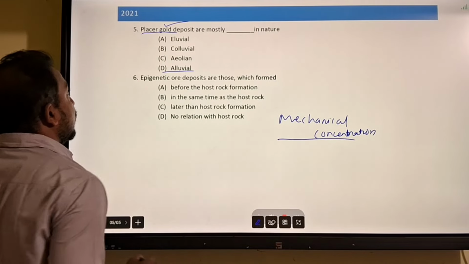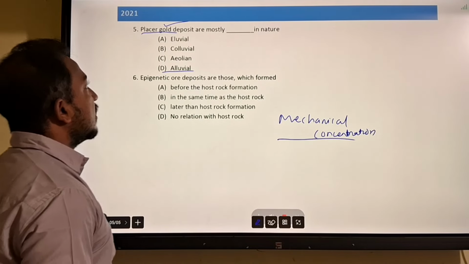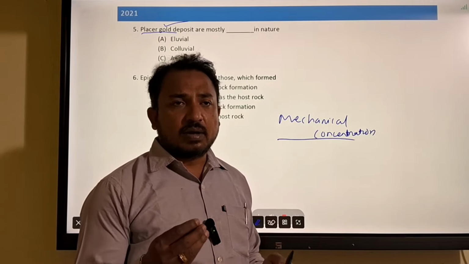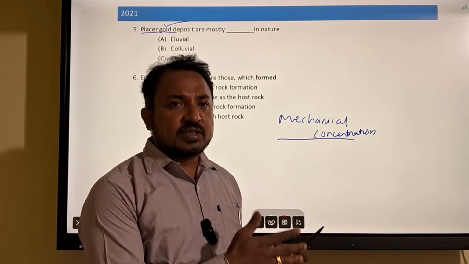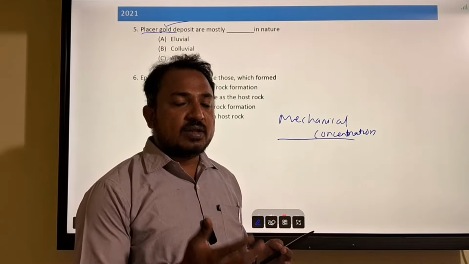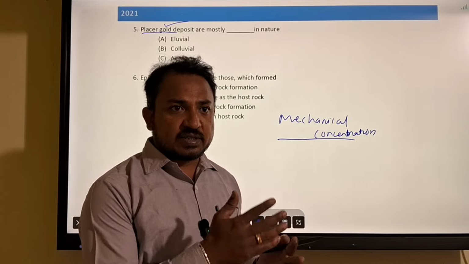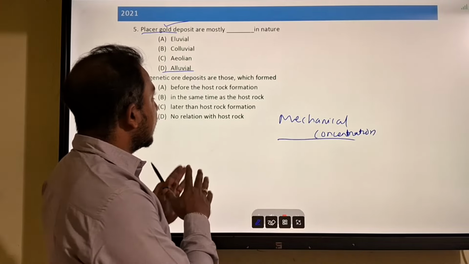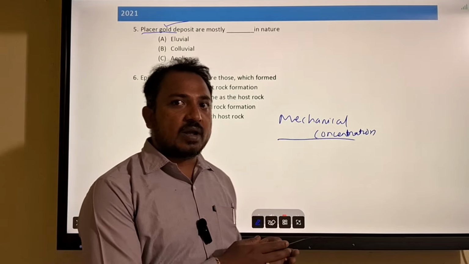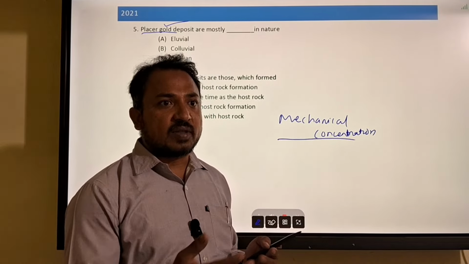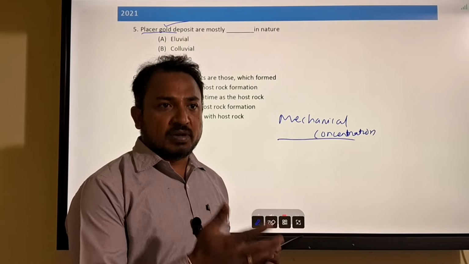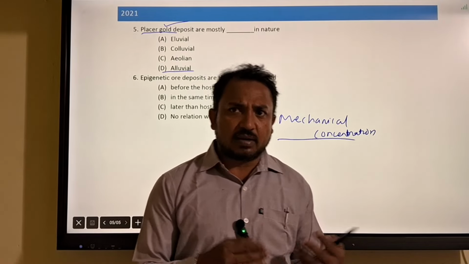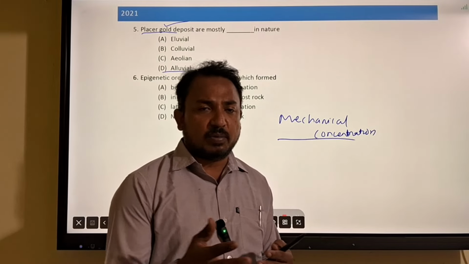Now coming to our question, placer gold deposit. Gold is generally present within some host rock. The host rock is exposed to the surface, then it will disintegrate. After disintegration, the gold associated with the rock is generally present in the mountains, because most gold is deposited in orogenic belts, through a process called orogenic gold deposition.